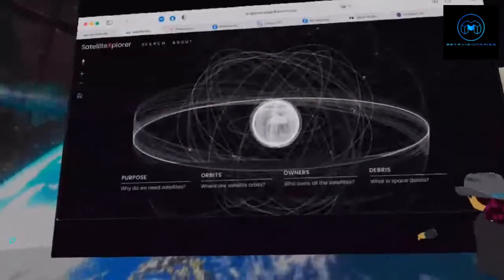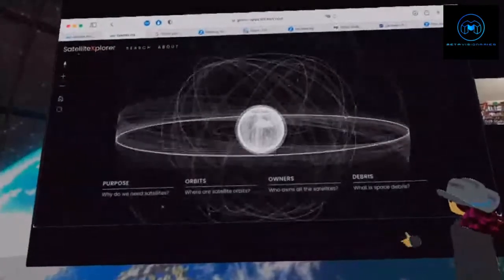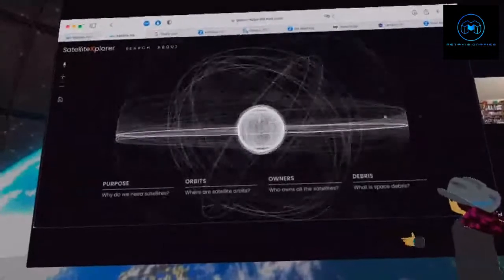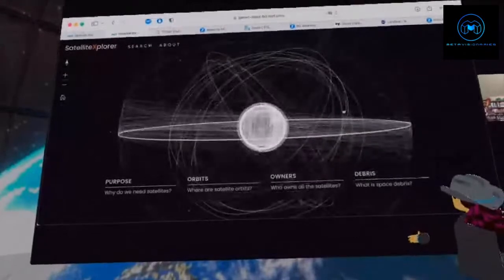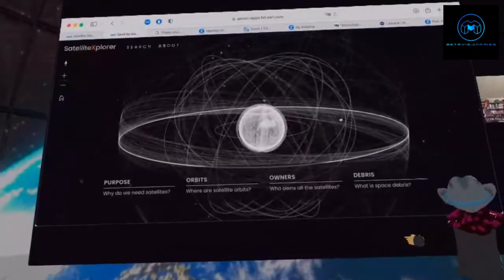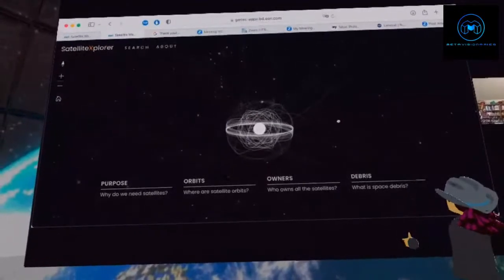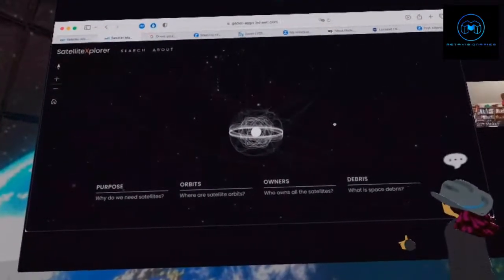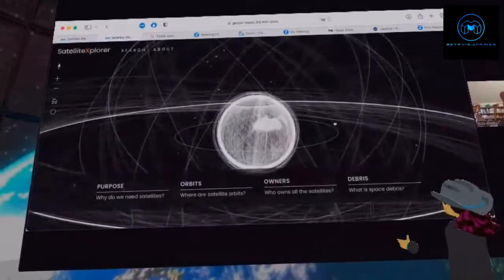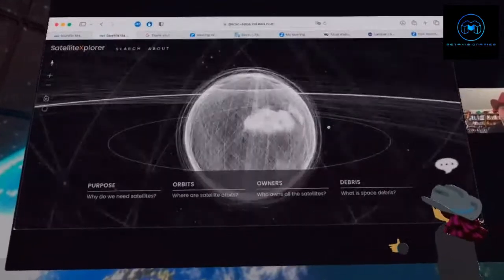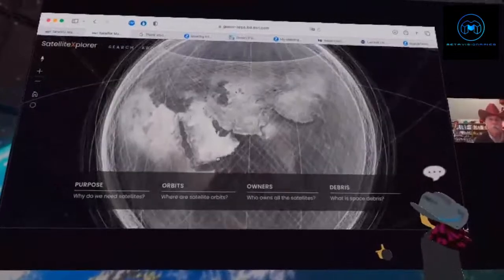When you go to the website, you will notice that you have complete control by clicking your mouse or clicking on your mouse pad, and you can revolve all this. You can push it away and zoom farther out, so you can see some of these satellites that go way, way out there, and we can also go way, way, way in and look at all those satellites that we have.